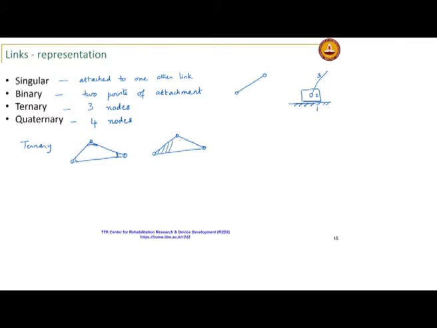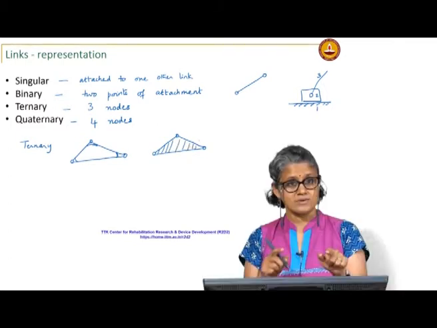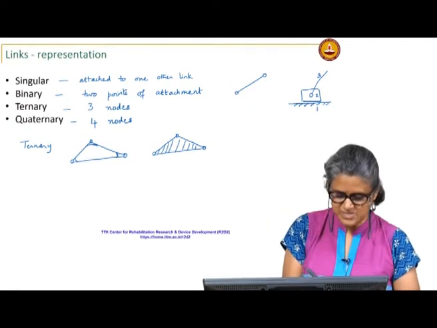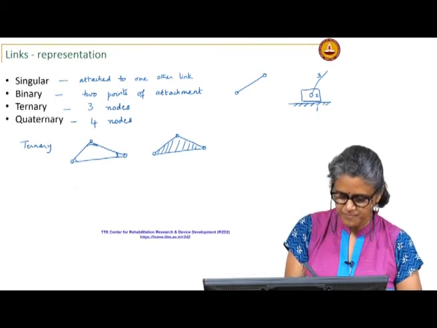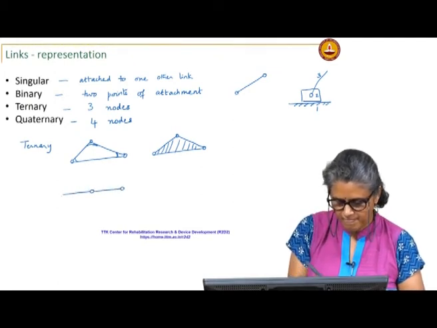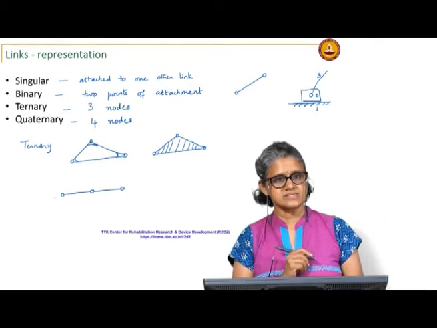We will see later why this is not always necessary in the case of a triangular link like this, but it is especially important if you have a ternary link like this.